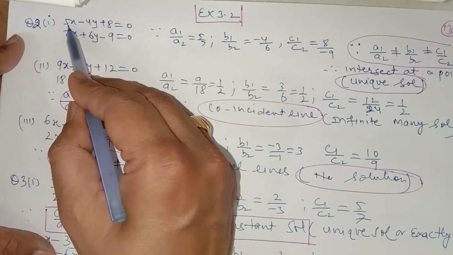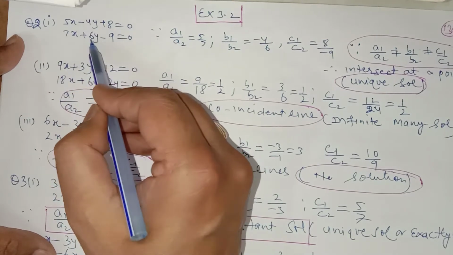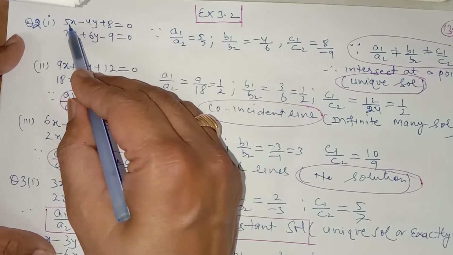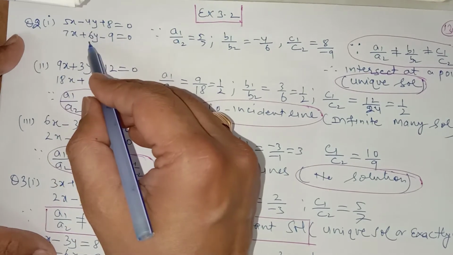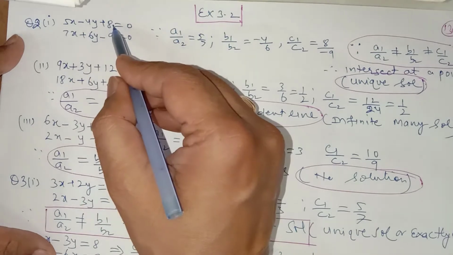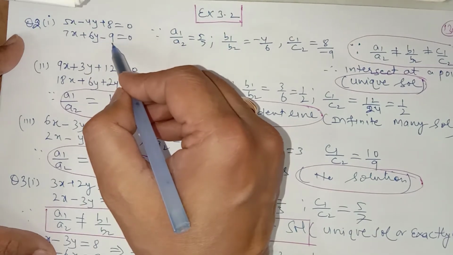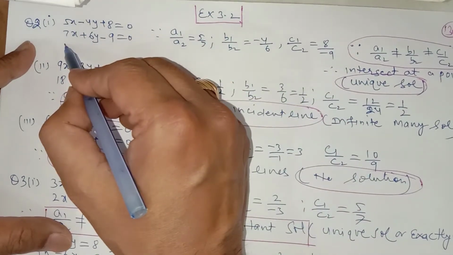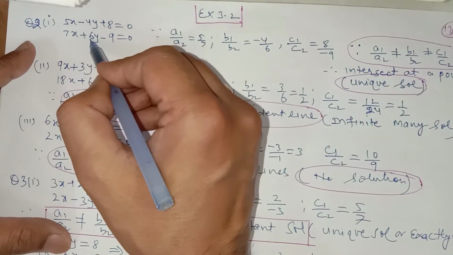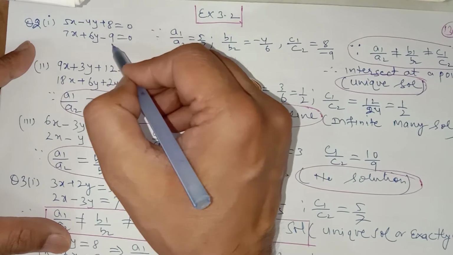So a1, a2, b1, b2, c1, c2: a1 is 5, a2 is 7, b1 is minus 4, b2 is 6, c1 is 8, and c2 is minus 9. So you find their ratios. a1 upon a2 is 5 upon 7, b1 upon b2 is minus 4 upon 6, c1 upon c2 is 8 upon minus 9.